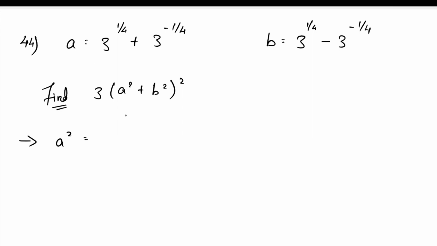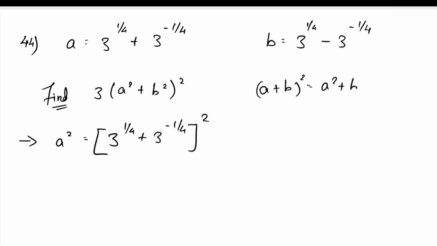Okay. So a is 3 to the power 1 by 4 plus 3 to the power minus 1 by 4 the whole square. Now applying the formula, a plus b the whole square is equal to a square plus b square plus 2ab.